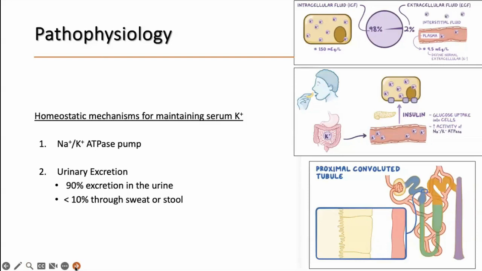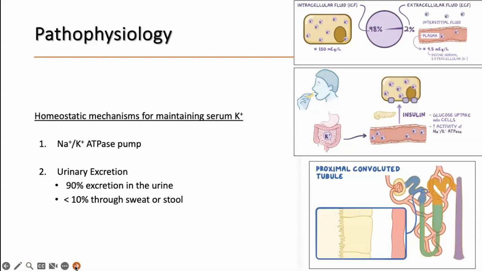And then our second mechanism is urinary excretion. So normally about 90% of potassium excretion occurs in the urine, and only less than 10% through sweat or stool. And within the kidneys, potassium excretion occurs in the cortical collecting duct.